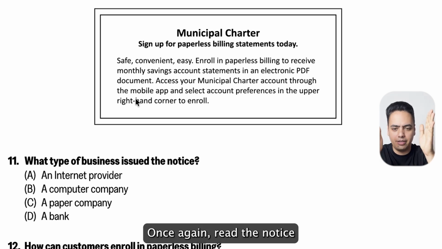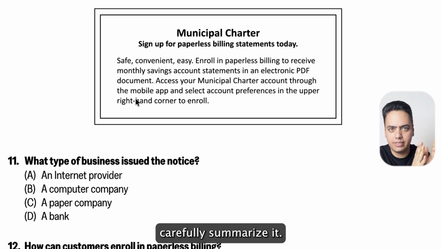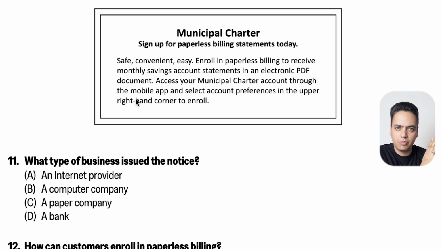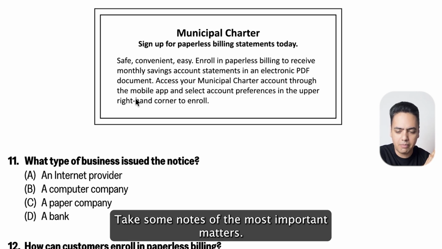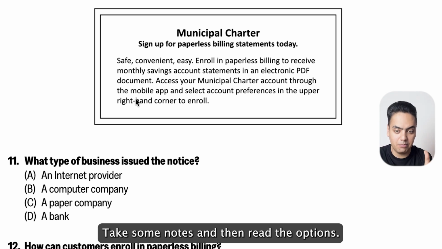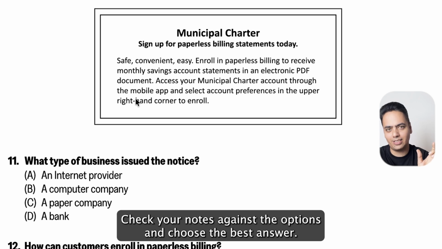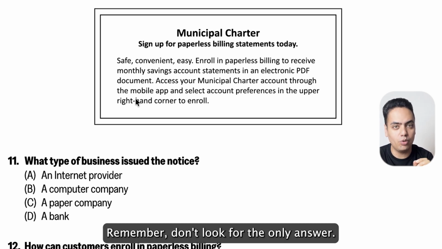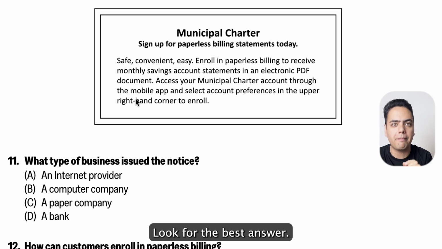Once again, read the notice carefully, summarize it, take some notes of the most important matters, read the questions, not the option, take some notes, and then read the options, check your notes against the options, and choose the best answer. Remember, don't look for the only answer, look for the best answer.